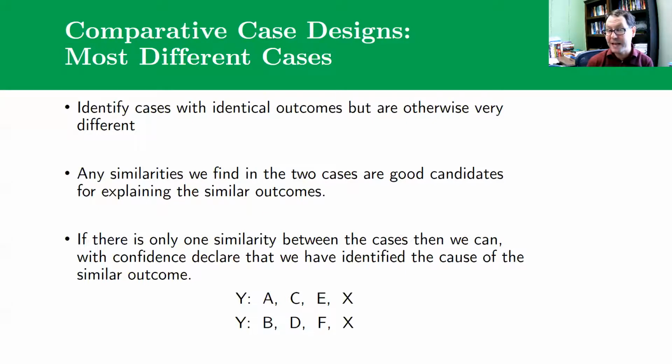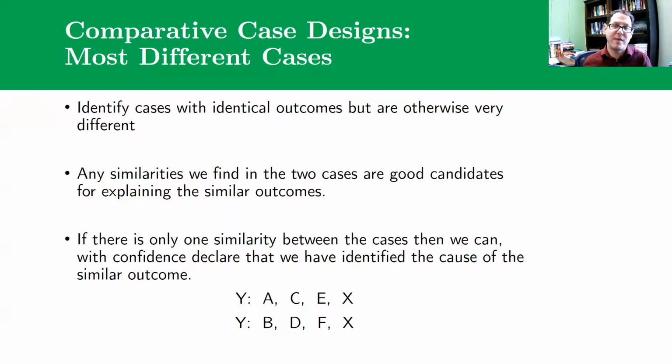In this case, you're not looking at two cases that have different outcomes. Here you're looking for two cases that have the same outcome, but are otherwise completely different. They're different on every possible dimension. And because they're different on every possible dimension, we can go through those dimensions and say, well, that can't explain why they have the same outcome.